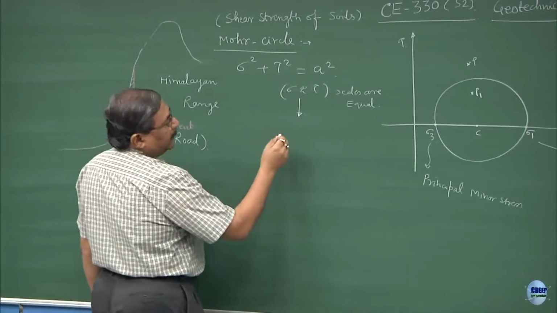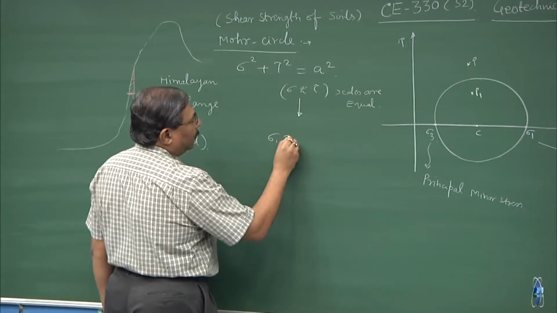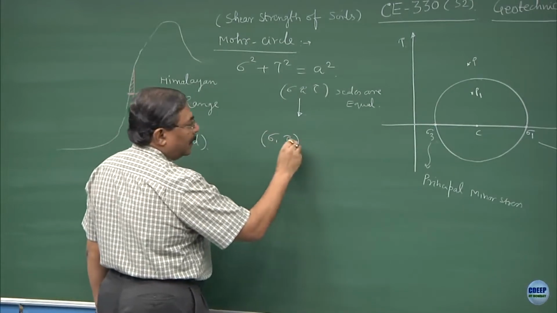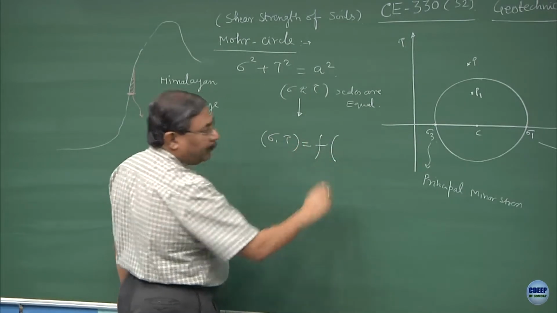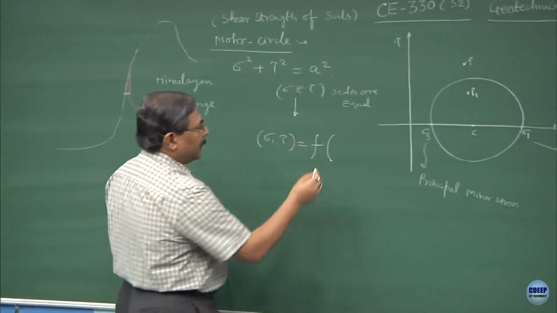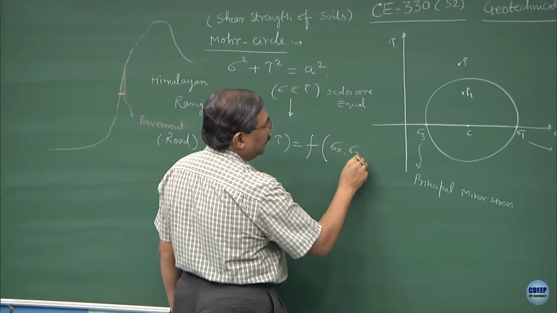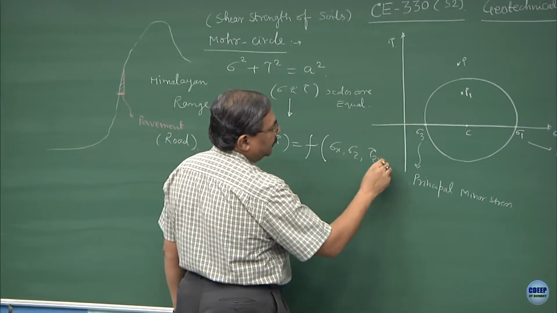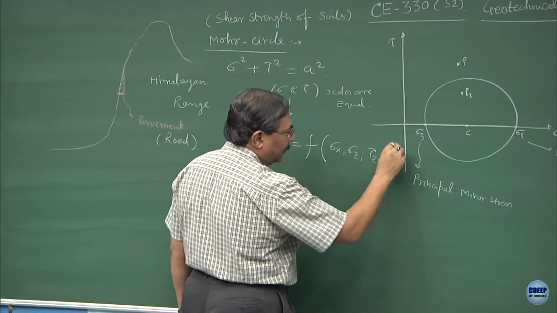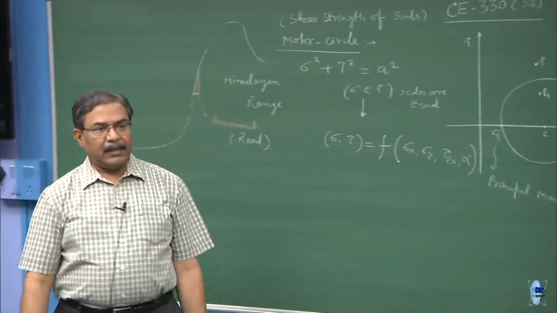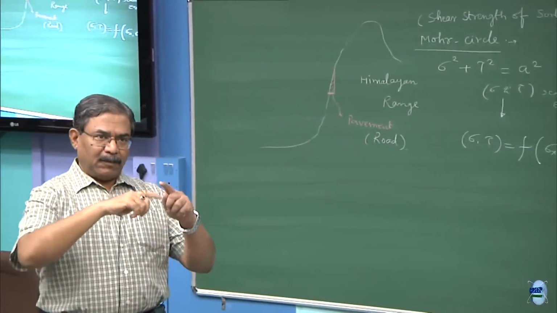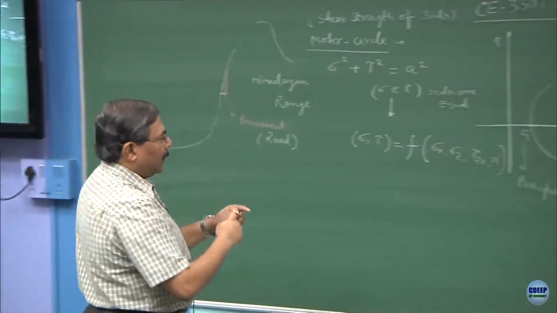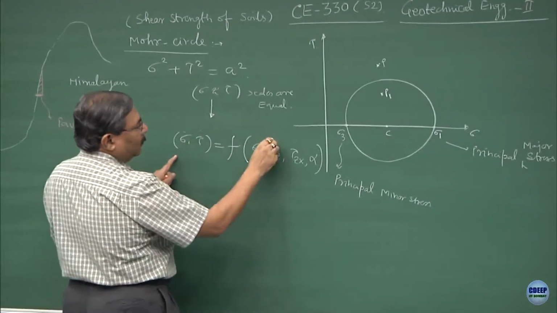The larger picture here was that we wanted to know state of stress as a function of sigma x, sigma z, tau zx and alpha, alright. It could be a reverse problem also. If I know this, I would like to know this.